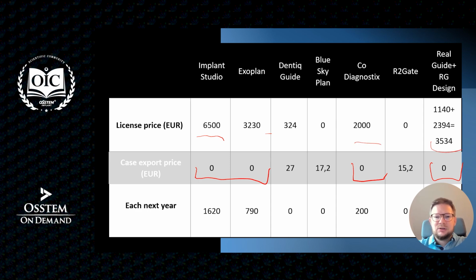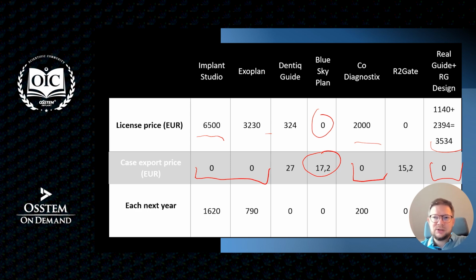However, with the very popular software in some parts of the world, the initial price is zero, and we don't have any yearly payment. We only pay 17 euro per case analyzed, planned, and designed, when we send the guide to the production.